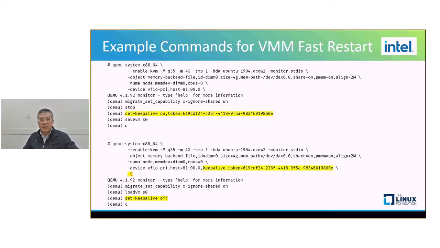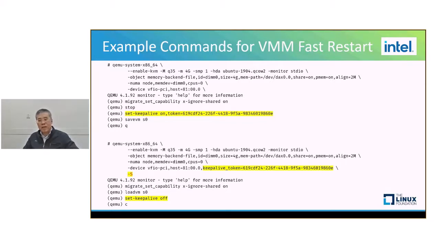This slide shows the example Qemu commands for implementing the VMM fast restart. We put the guest memory in a DEX device, which is a DRAM emulated persistent memory, and turn on its share property. In this way, Qemu can pick up the guest memory from the persistent memory after Kexec-Reboot.